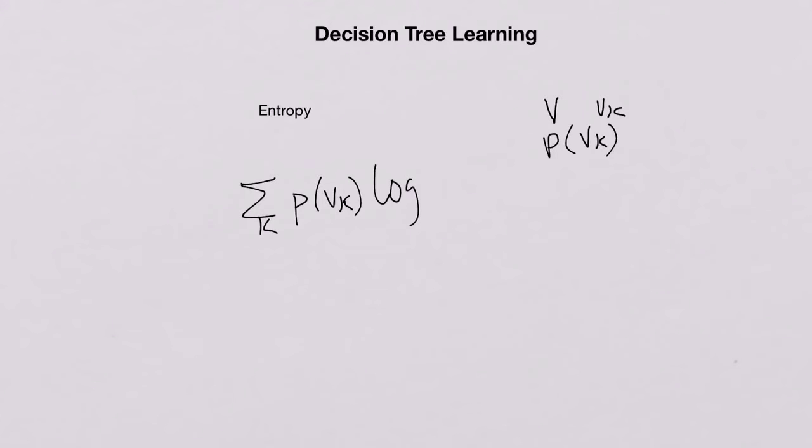And again, the definition of entropy is that if we have a variable v with values vk and probability distribution p of vk, the entropy was defined as the sum over all k of p of vk times log of 1 over p of vk.